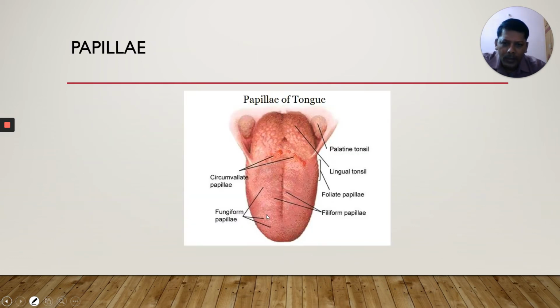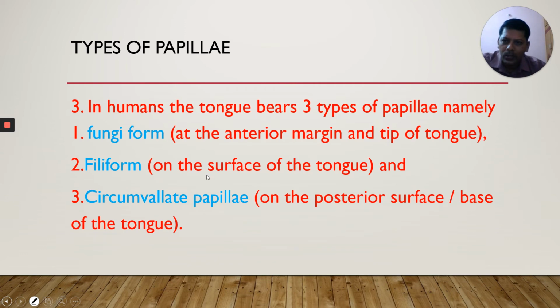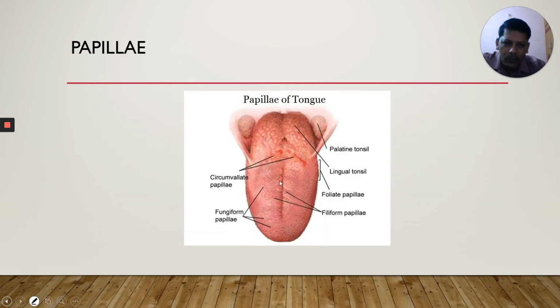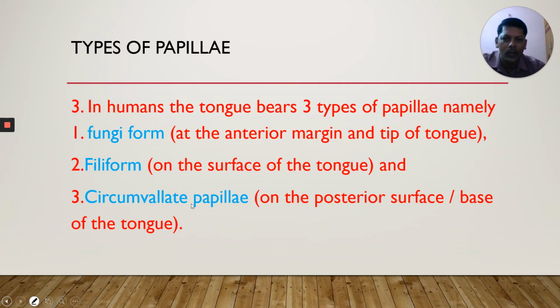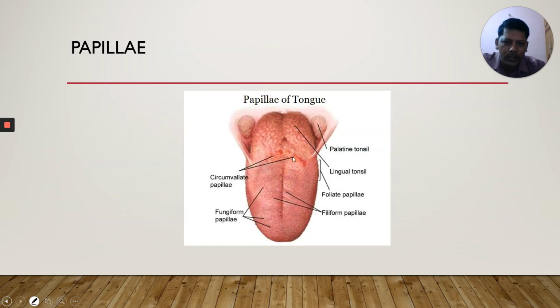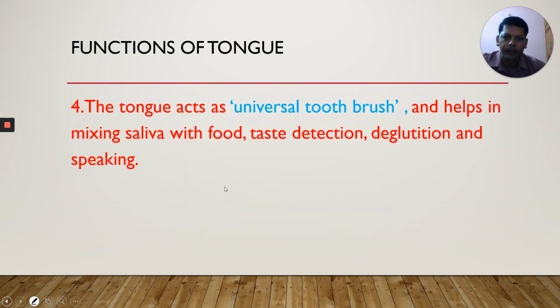What is the next one? Filiform papillae are present on the surface of the tongue. The third one is circumvallate papillae, or vallate papillae, in the posterior surface or base of the tongue.